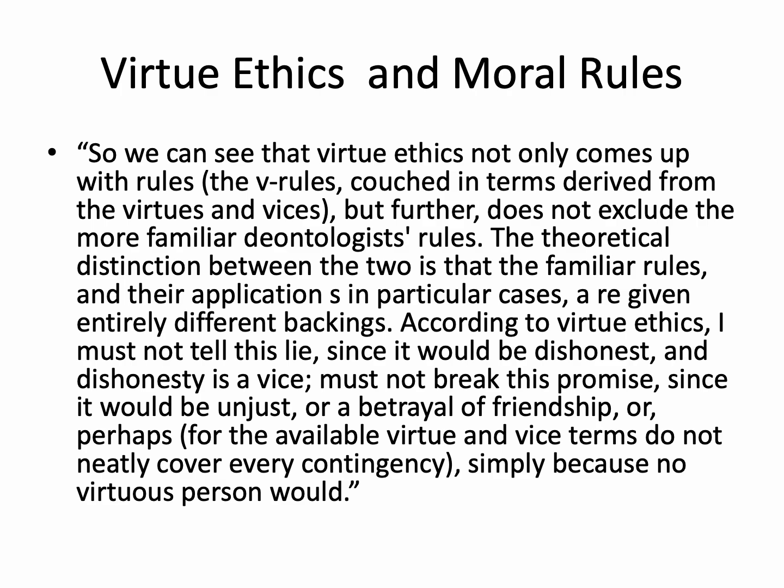According to virtue ethics, I must not tell this lie since it would be dishonest, and dishonesty is a vice, and must not break this promise since it would be unjust or betrayal of friendship. Perhaps the available virtue and vice terms do not neatly cover every contingency simply because no virtuous person would. So, for example, you want to keep your friend's promise to the murderer at the door, but you also don't want to be involved in committing undue harm to, or even possibly a murder.